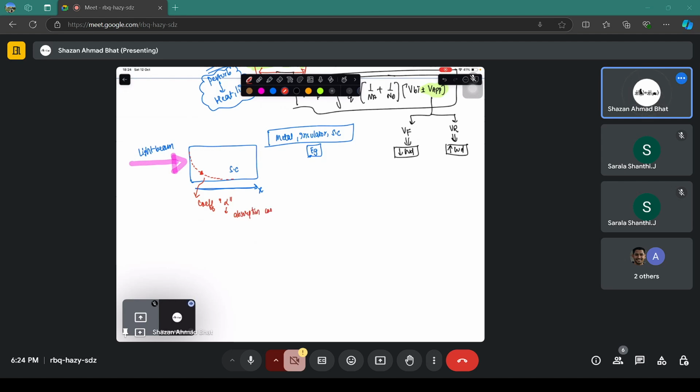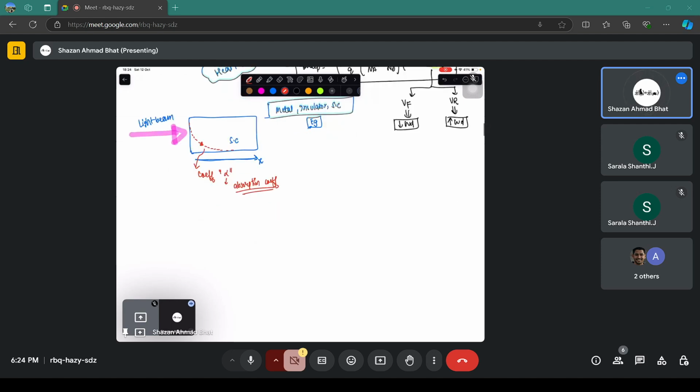Absorption coefficient. It may so happen that light will diffuse inside the medium and come out through the other end. But it may also happen that light exponentially decays and gets absorbed inside the medium, up to this depth.